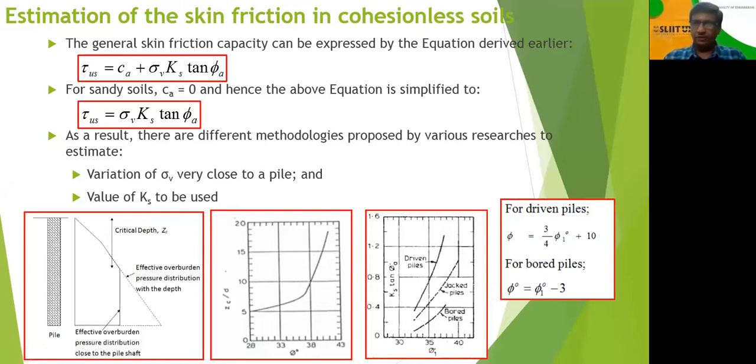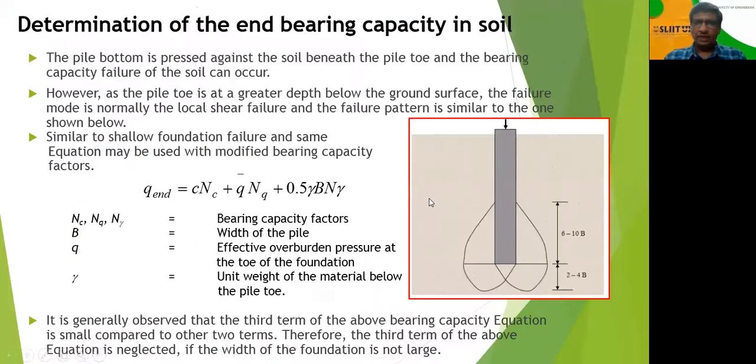You have to use those values in this particular chart and determine the Ks value and the Zc over D ratio. So that is how you can determine the skin friction. Of course, there are many methods, but what I have explained are the methods that are commonly used.